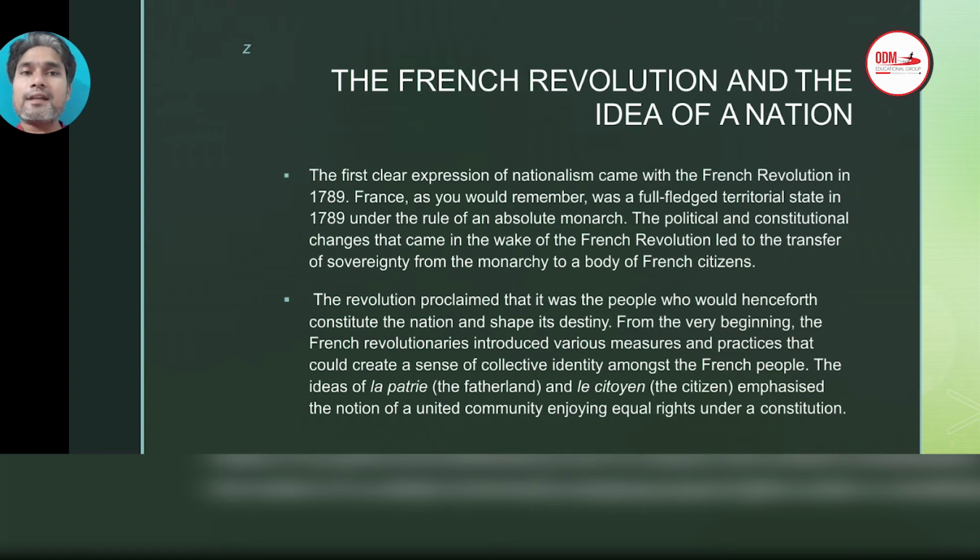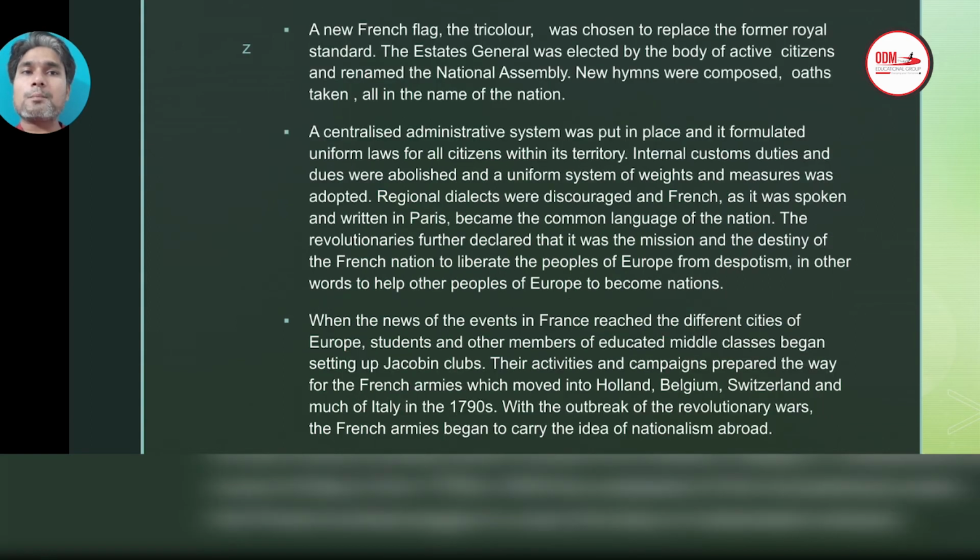A French flag, the tricolor, was chosen to replace the former royal standard. The Estates General was elected by the body of active citizens and renamed the National Assembly. New hymns were composed, oaths were taken, all in the name of the nation. So the idea of nation started emerging.